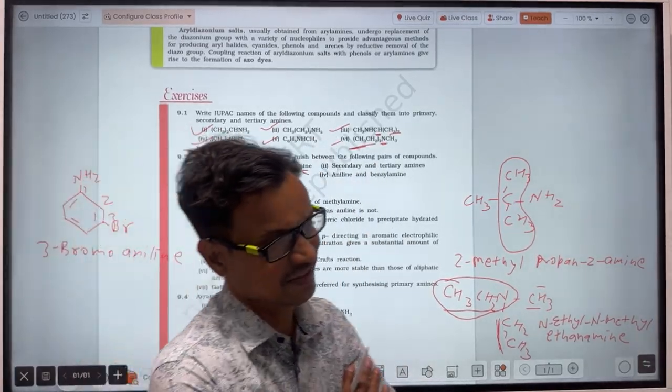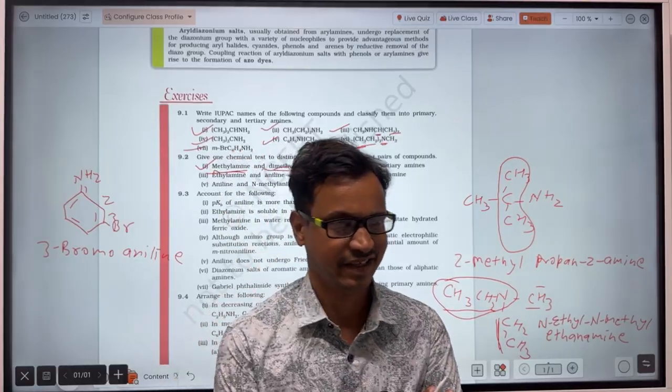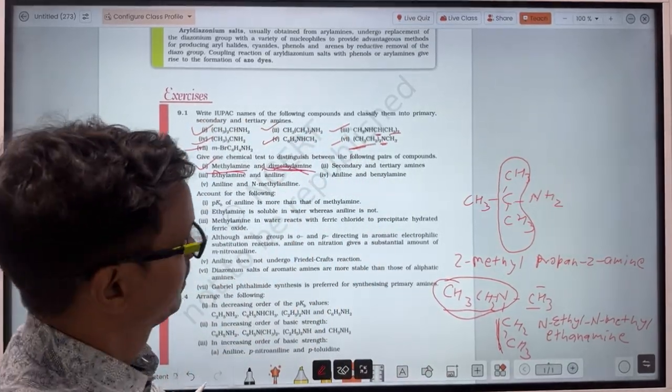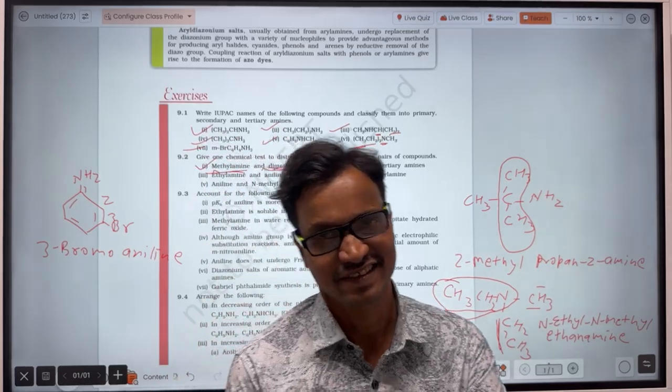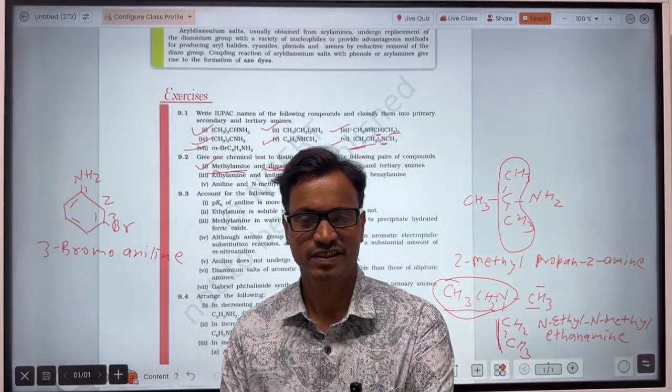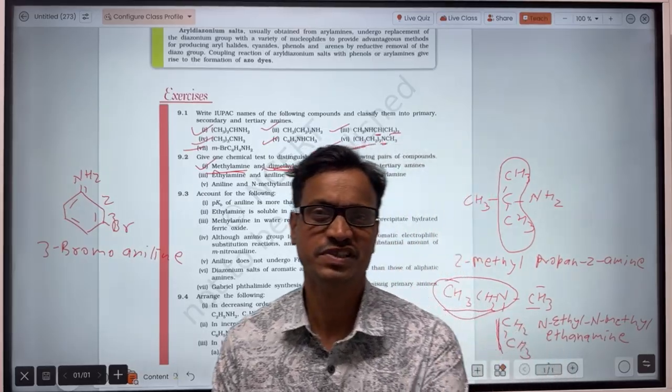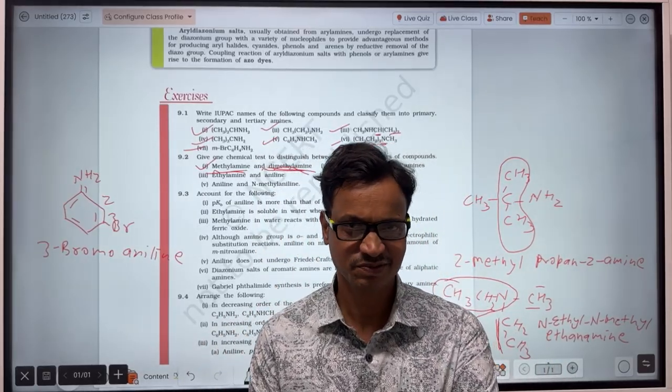Methylamine will give the isocyanide test and that will be foul smelling, and dimethylamine will not react with the mixture of CHCl3 and KOH. Then after this, you can react with Hinsberg's reagent also.